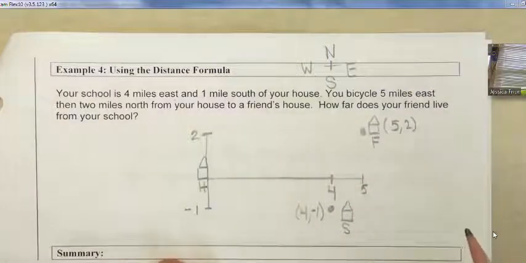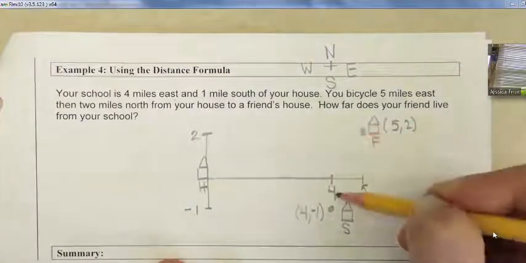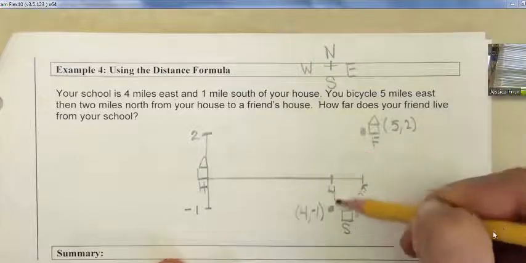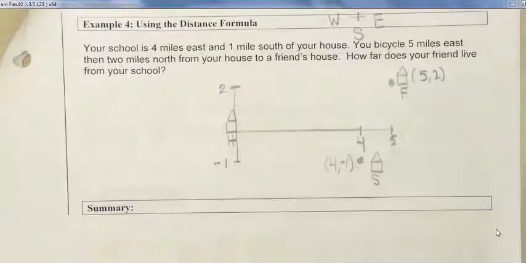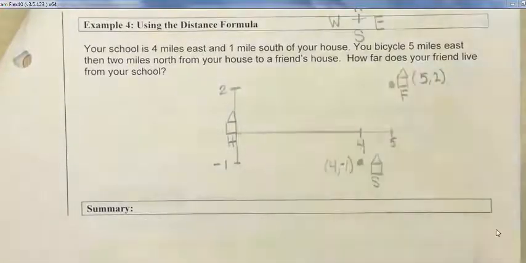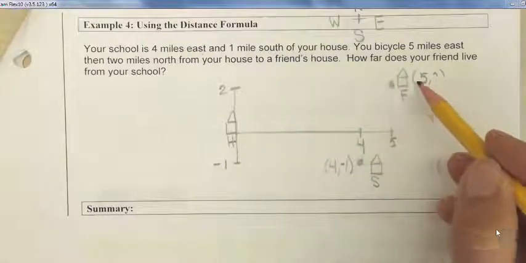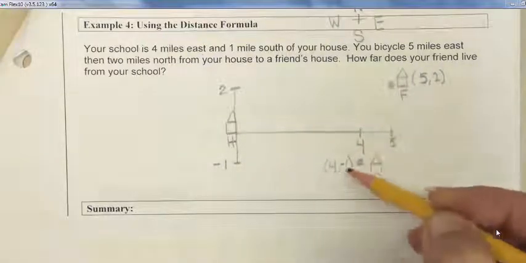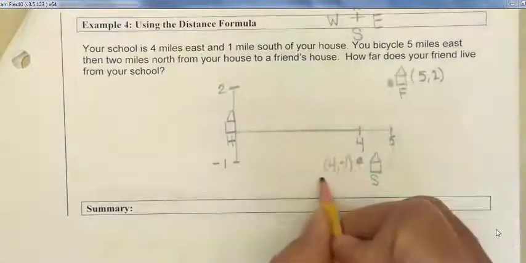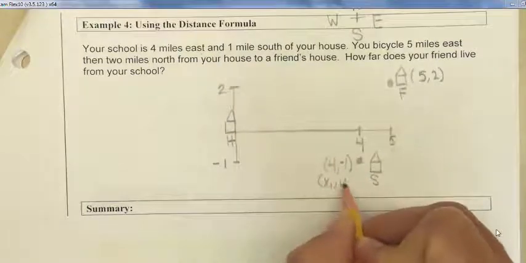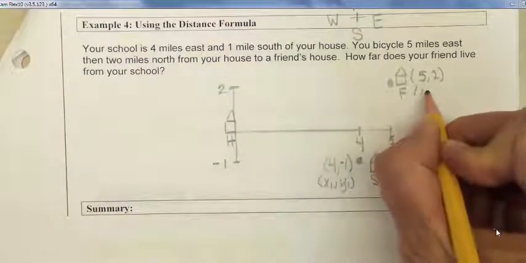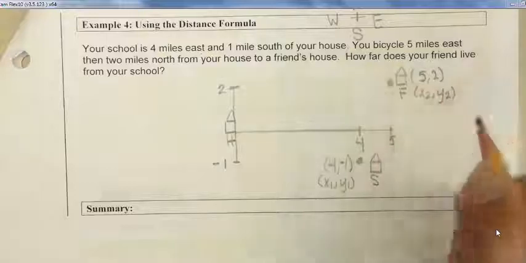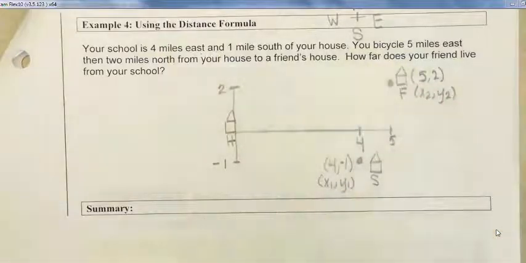How far does your friend live from your school? So the question is from school to my friend's house. Well, notice I'm really just finding the distance between two coordinates, (5, 2) and (4, -1). Or in other words, I'll call this x1, y1, and I'll call this one x2, y2. So I can just use the distance formula for this.